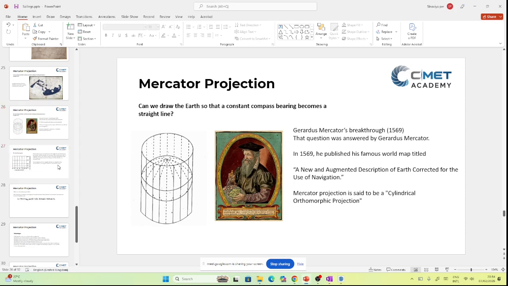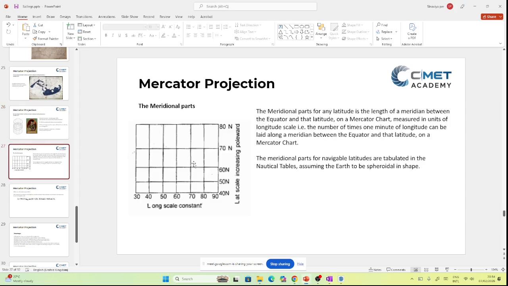So there are two types of distortions. You can see that. The first one is that you can see the meridians are getting parallel to each other, or in other words, longitudes are parallel to each other. In the actual Earth, they are not parallel to each other. They are converging at the poles.